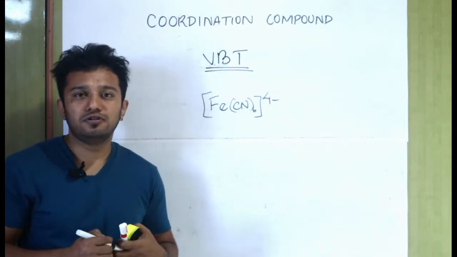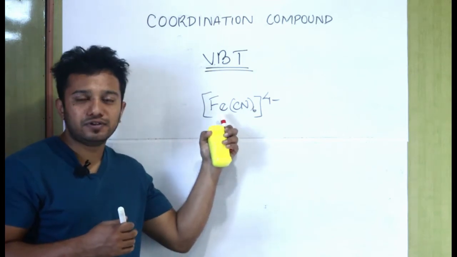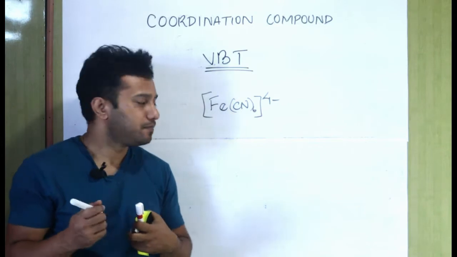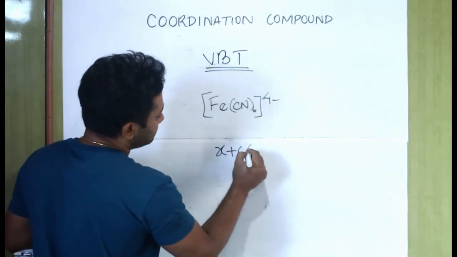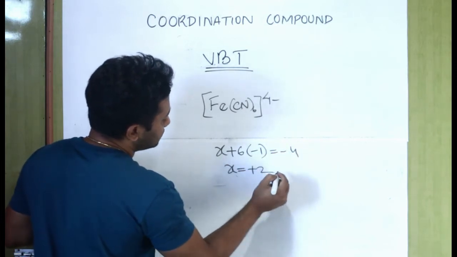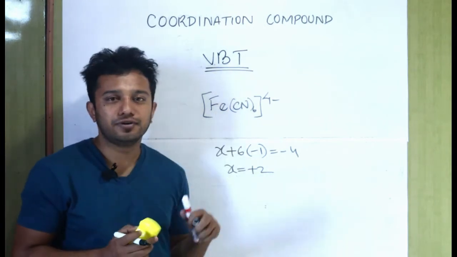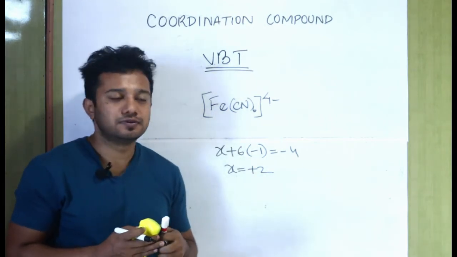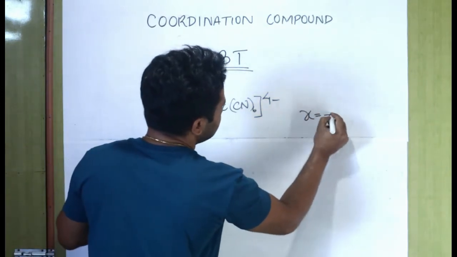First of all, the first thing we are supposed to do is to find the oxidation state of the metal ion. So out here we put the metal as x. x plus 6 times minus 1 equals minus 4, so x will be plus 2. So the oxidation state of iron here is plus 2.